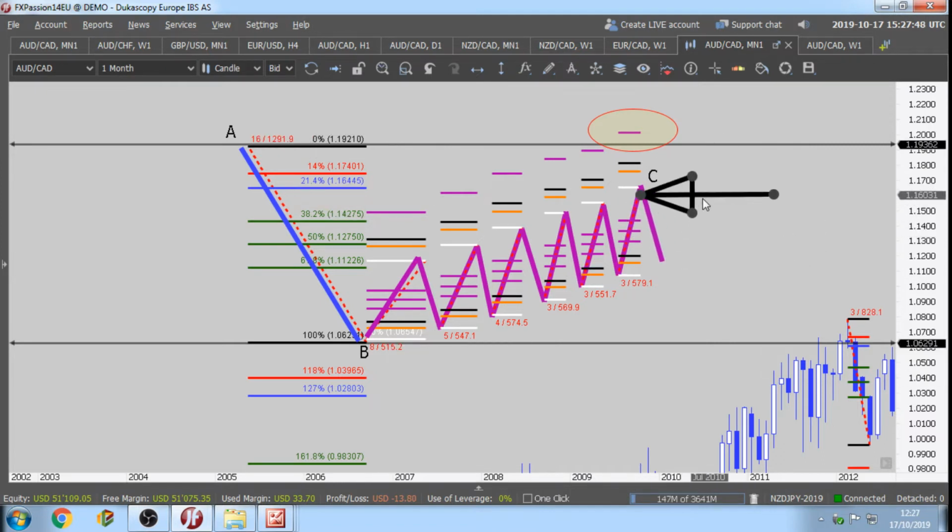This is important for you if you are going to trade a retracement, but it doesn't change the fact that the C was confirmed.